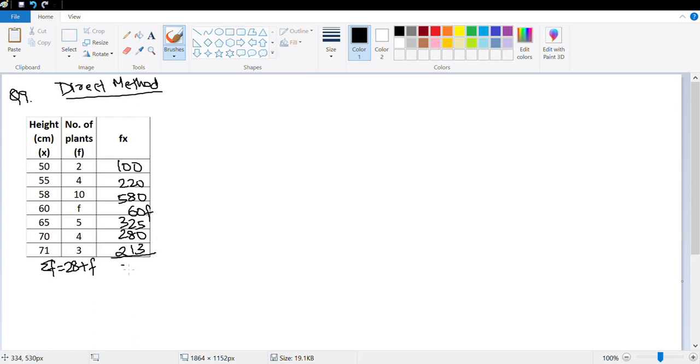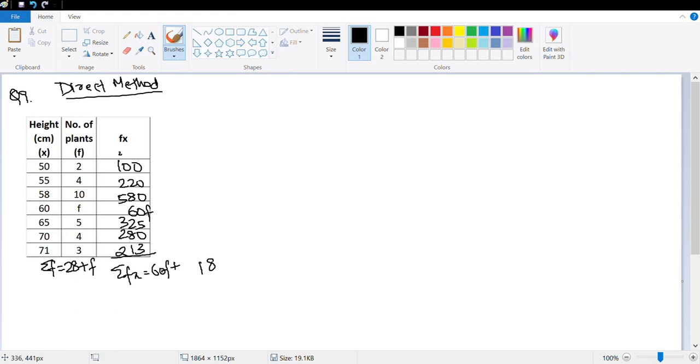Let's add. So summation fx will be equal to 60f plus, I have removed this already, so let me add. 8. Next will be 10, 12, 20, 21. That's 1, 2 carry, 2, 3, 5, 10, 13, 15, 17.